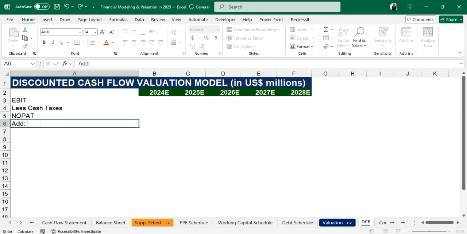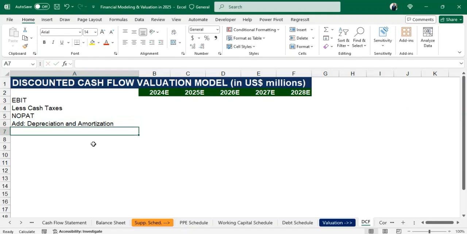Popular among them includes depreciation. Remember, we are dealing with Amazon financial statements, and so we are going according to the line items within the Amazon financial statement. The first one is depreciation and amortization. The second one is going to be stock-based compensation.